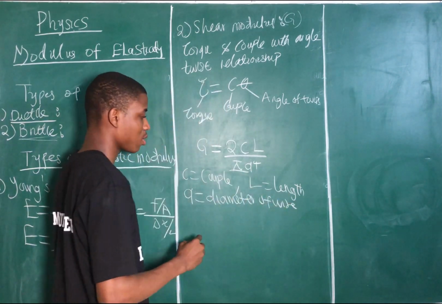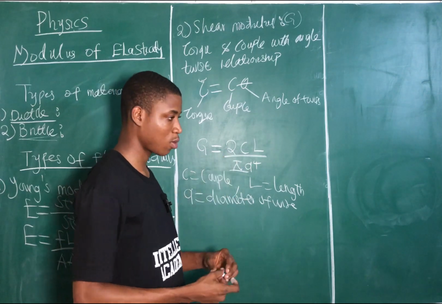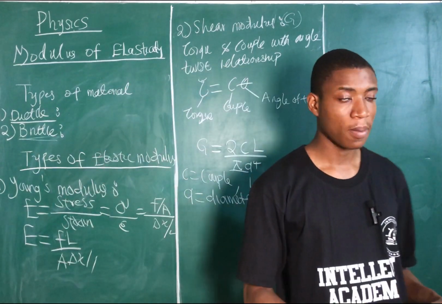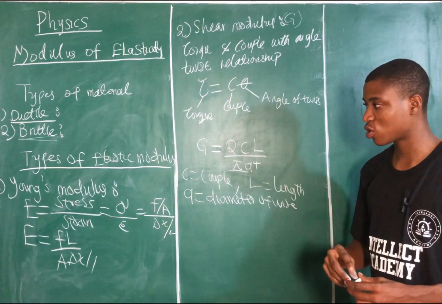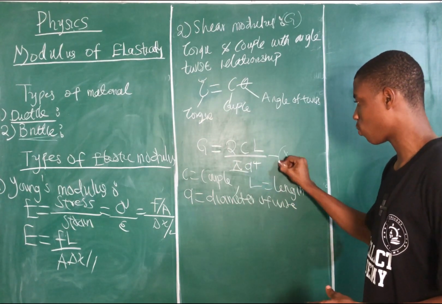Pi is a constant equal to 3.142, and 2 is also a constant. So this is the shear modulus. This is the relationship, so you can asterisk this formula.